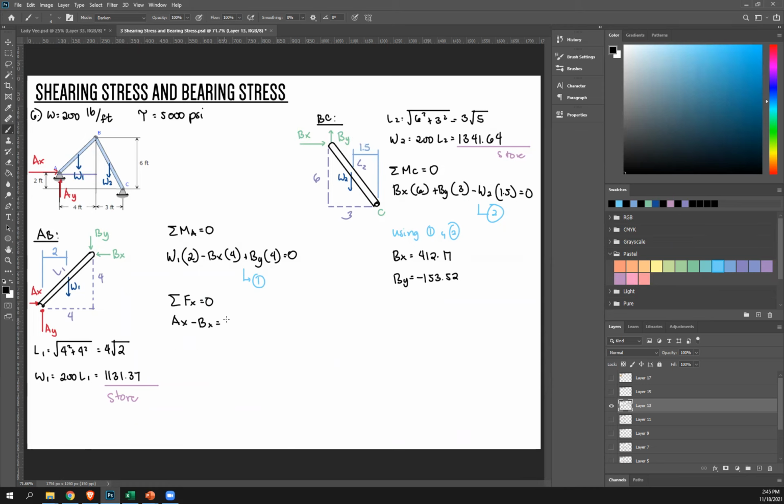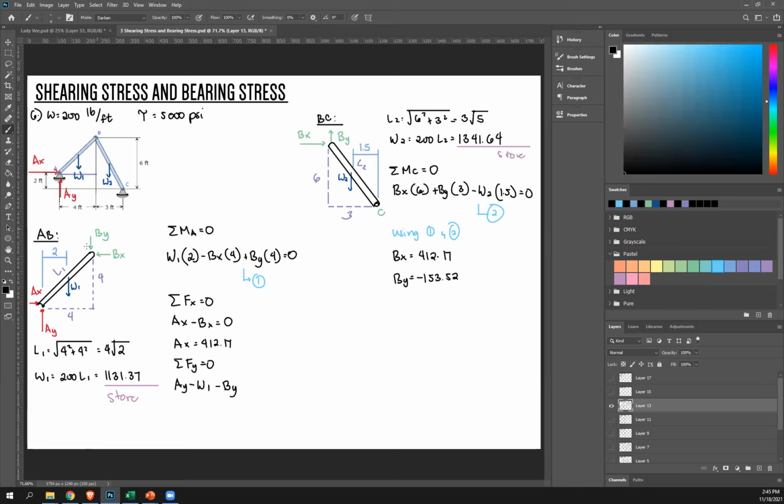I need this. Now that I have Bx, I can finally solve for Ax. So Ax is just 412.17. Okay? And then we can do summation of forces Y. So Ay, since upward positive, downward negative W1, downward negative By.